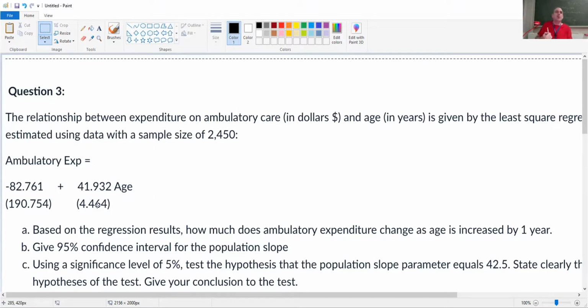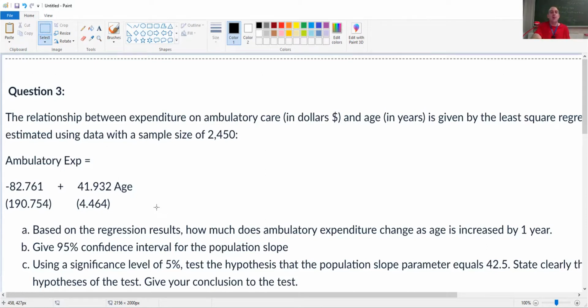And really, what's the formula? If I wanted to answer the question of are they related, I could ask myself whether this number ought to be 0. Because if that number is 0, then ambulatory expenditure is always the same answer, because what age it is doesn't make a difference. Anyway, this is the situation we're in.